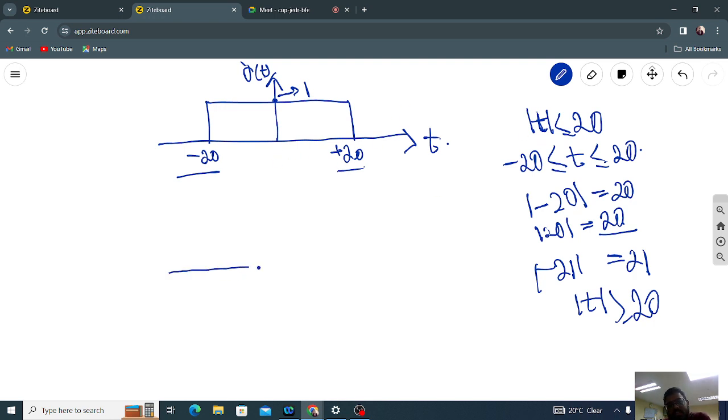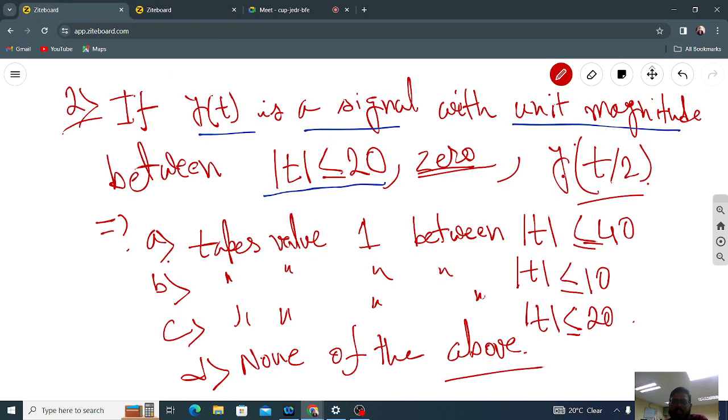Now the question says we have to plot it with respect to the axis t by 2. What is the value of y(t by 2) on this axis?